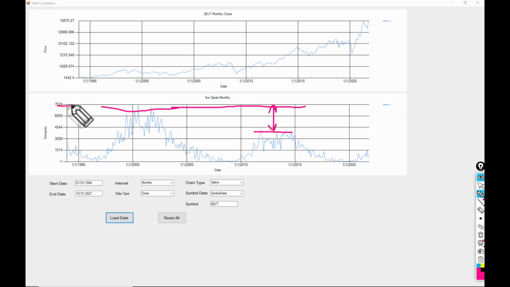We had 75, whatever, 100 sunspots, and here we're down to half that. Half. Maybe it's a little higher, maybe almost 4,000. Almost half. So the entire solar cycle had low energy relative to the previous one.